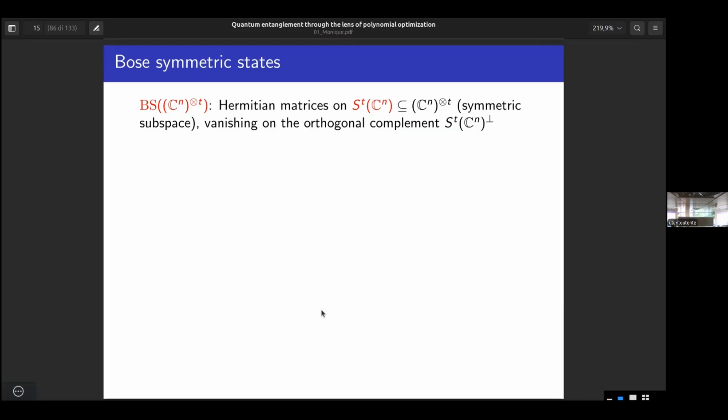So I'm interested in the bosonic symmetric matrices on (C^n) tensor t times, which are just Hermitian matrices where all the columns are invariant to permutations of the indices, and the same for the rows.